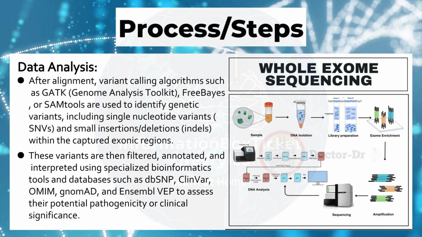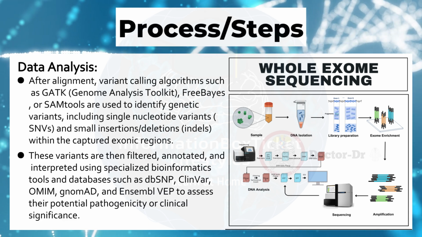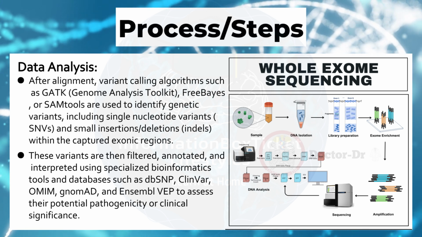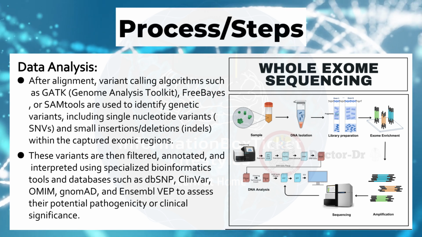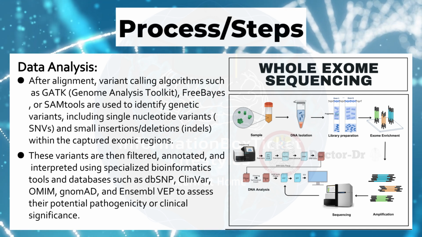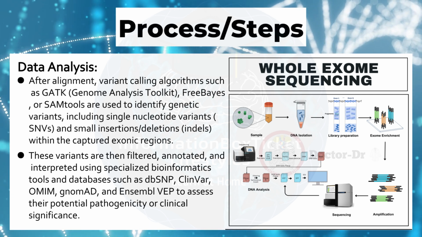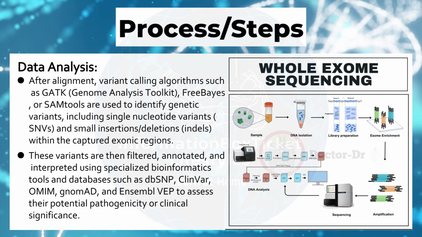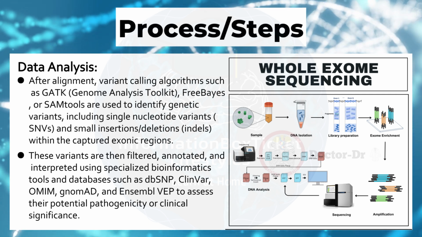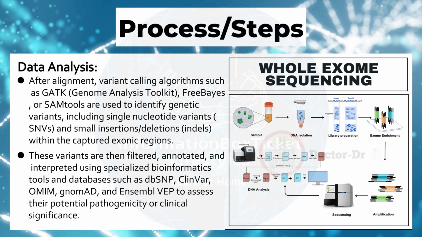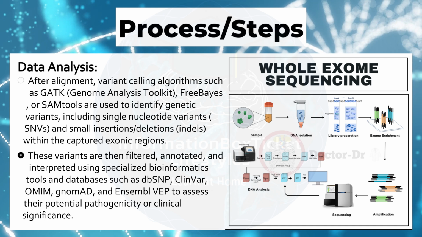These variants are then filtered, annotated, and interpreted using specialized bioinformatics tools and databases, such as Single Nucleotide Polymorphism Database, ClinVar, Online Mendelian Inheritance in Man, Genome Aggregation Database, and Ensembl Variant Effect Predictor to assess their potential pathogenicity or clinical significance.